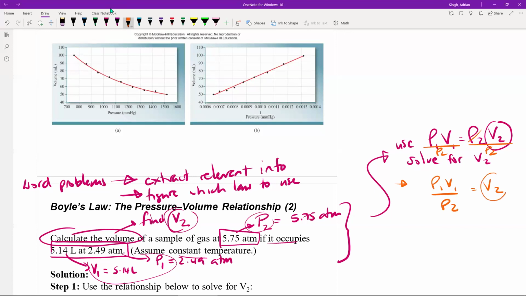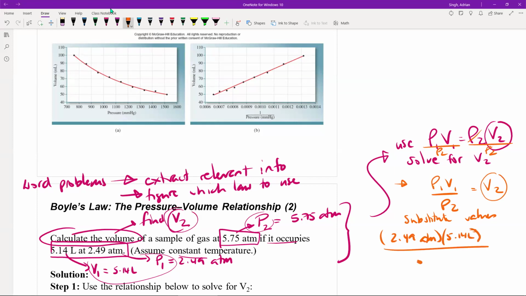So we've isolated our unknown on one side, and then we're just going to substitute our values into this equation. So we have our P1, which was 2.49, and keep track of your units because that will tell you whether you've done the manipulation correctly. V1 is 5.14 liters, and that's over P2.